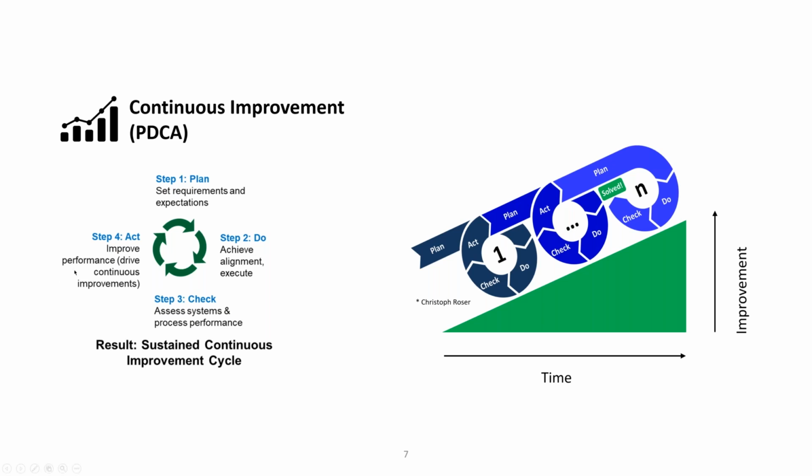And then you have some kind of feedback loop to drive continuous improvement and improve performance, which feeds back into your plans to repeat the cycle. And you're going to keep on doing this, heading towards your optimal end state. The result is that you want to have a sustained continuous improvement cycle.